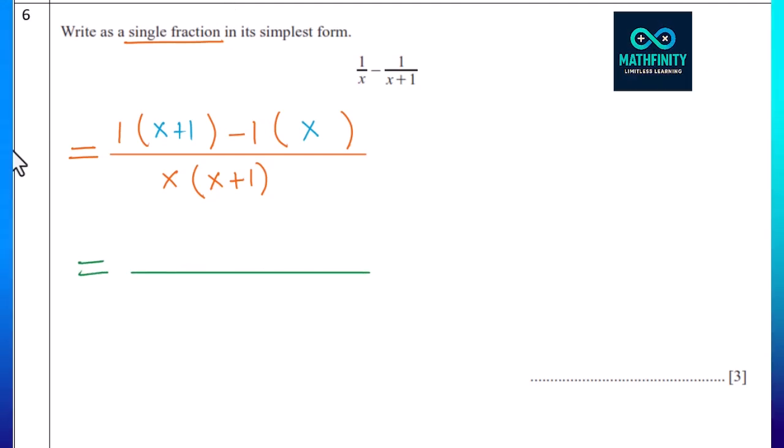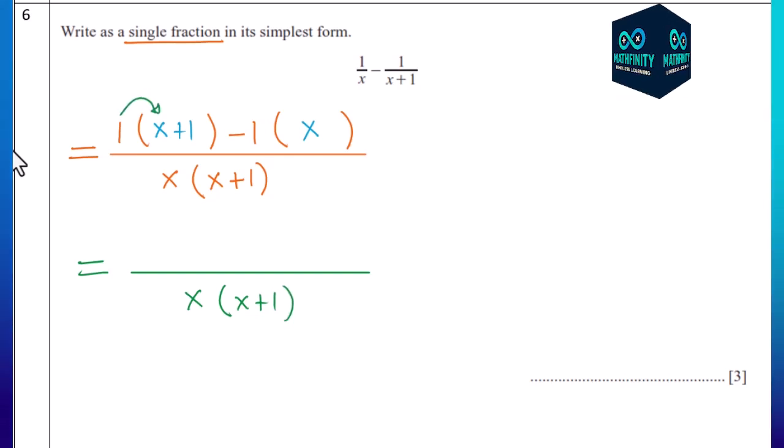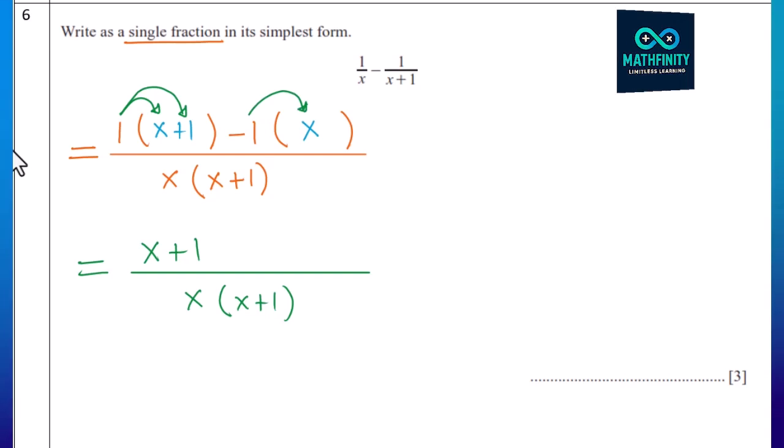So don't waste your time and energy. Keep the denominator as it is, plus 1 here. You have to multiply 1 times x will be x, 1 times 1 it will be 1. Negative 1 is going to multiply with x, it will be negative x.